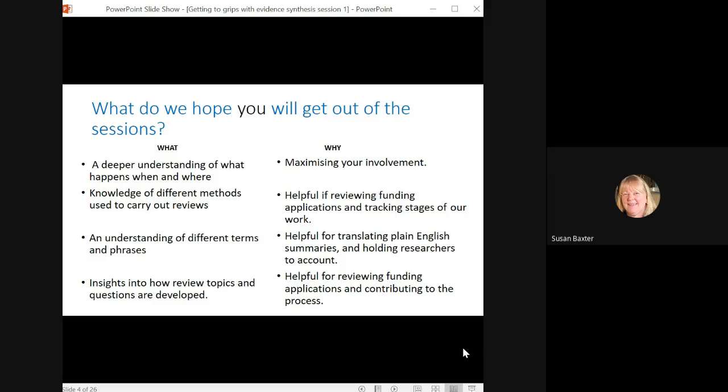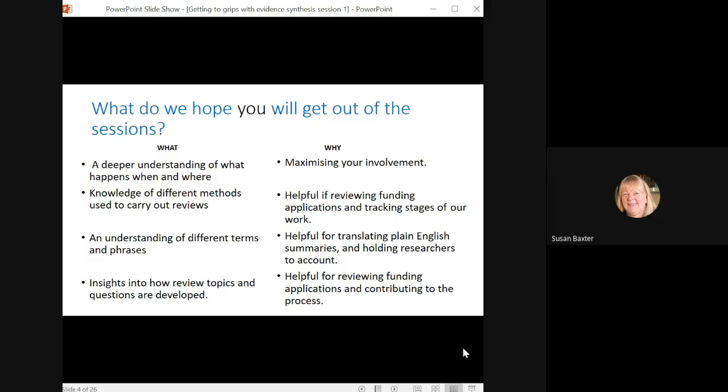We're going to cover a look at different terms and phrases, so we hope that this might be helpful for you when you're working with us to translate the plain English summaries into something that's usable for public audiences, but also, you know, so that you can really hold us as researchers to account for our use of jargon and terminology.